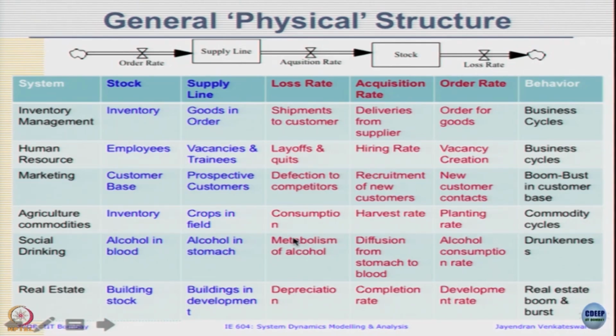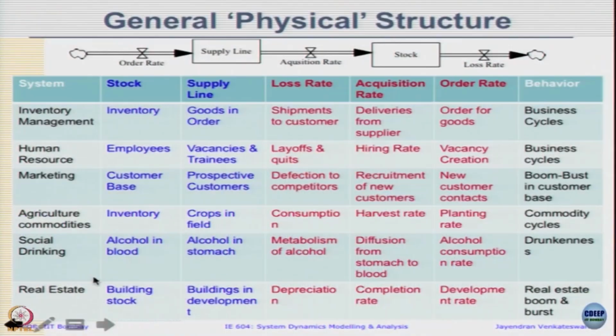This fundamental structure can somewhat explain the agriculture commodity cycle, where for some commodities you get a huge overstock and prices crash, and government has to rescue them. People saw a lot of demand, so they planted more, forgot that they had planted more, and suddenly a huge amount of stock comes in, and then price falls. There are other dynamics like price, but the fundamental idea remains the same.